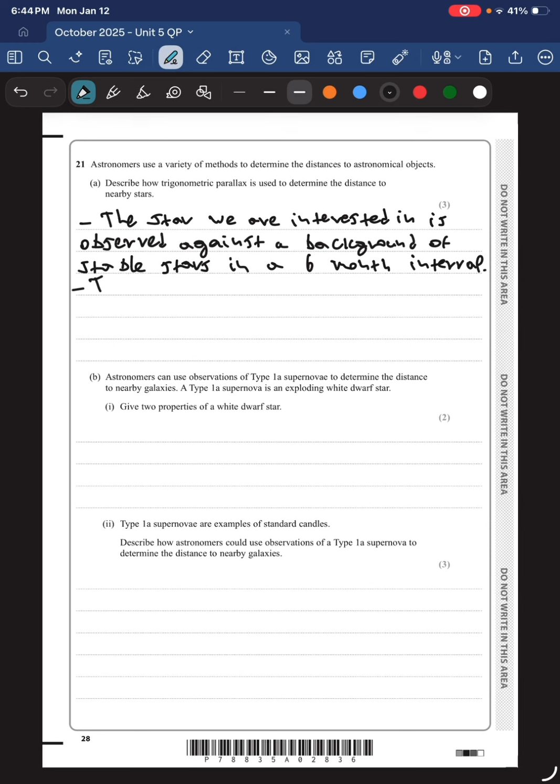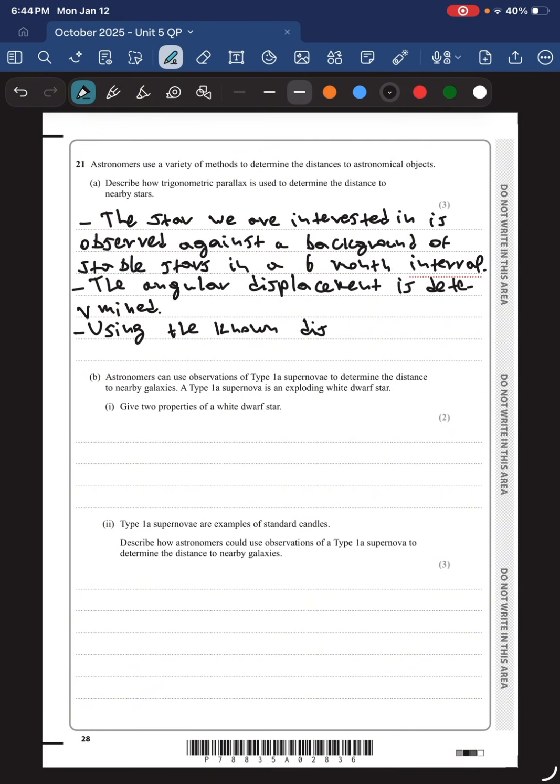The angular displacement is determined, using the known distance between the Earth and the Sun, which is 1 astronomical unit, and trigonometry.